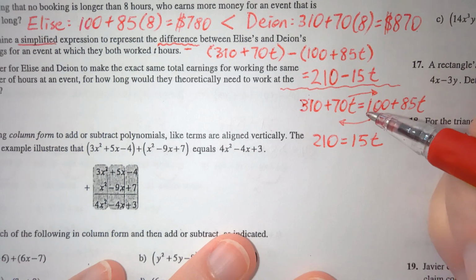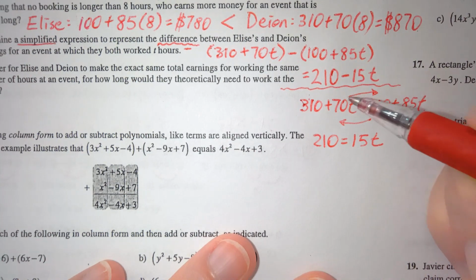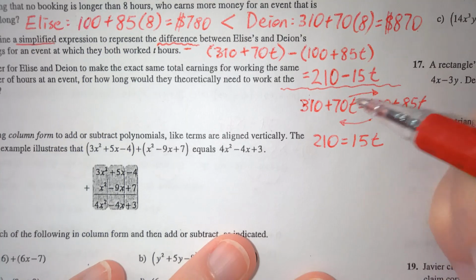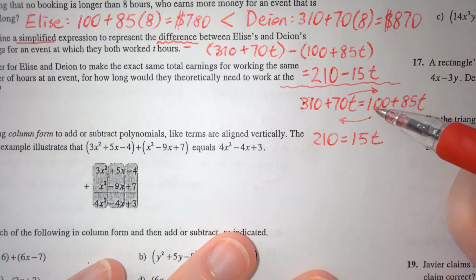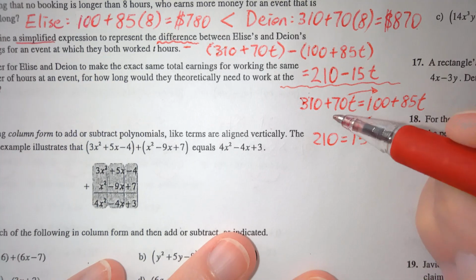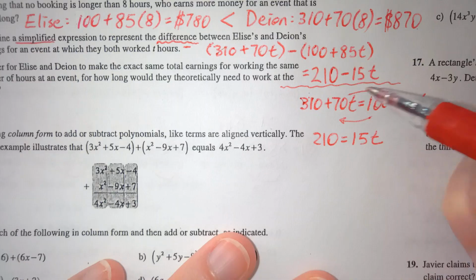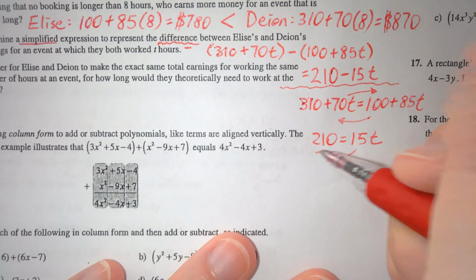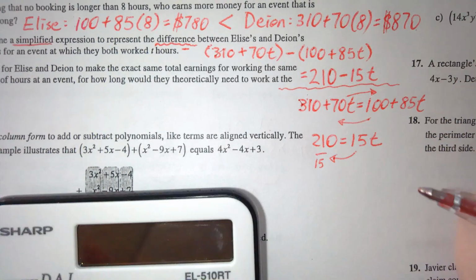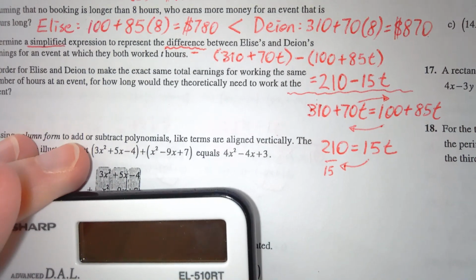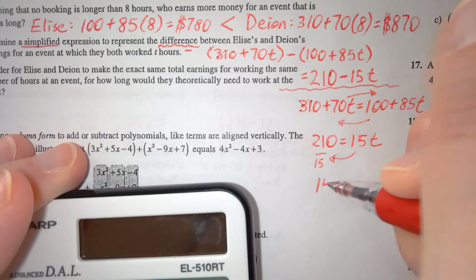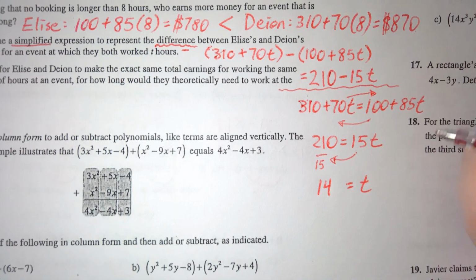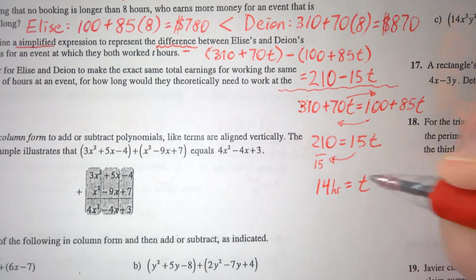Why we have to subtract is because when we move something from one side to the other side of the equal sign, we're undoing it. Right? So that's why instead of plus 100, we minus 100. Instead of plus 70, we minus 70 from that. And then when we divide 210 by 15, you get 14. So T equals 14. What's my unit here? Yep. Hours. Good, because T represents time.